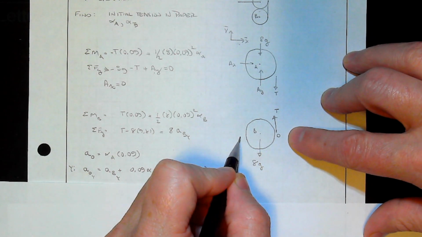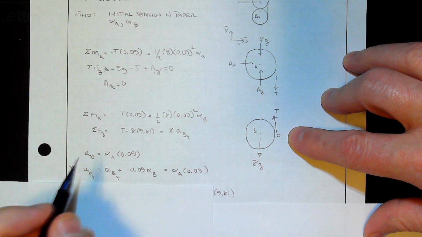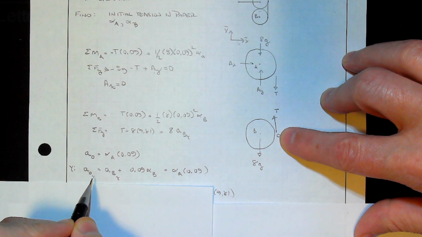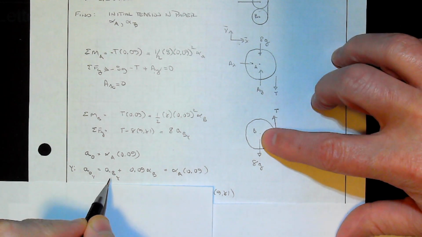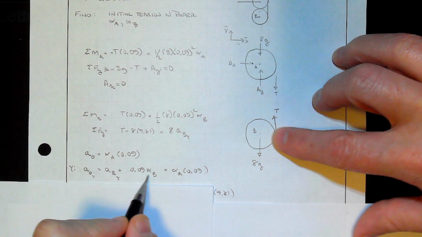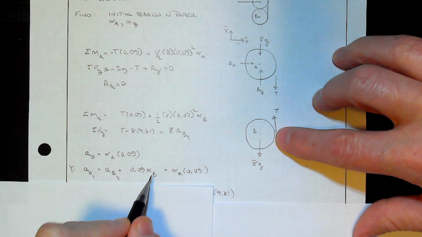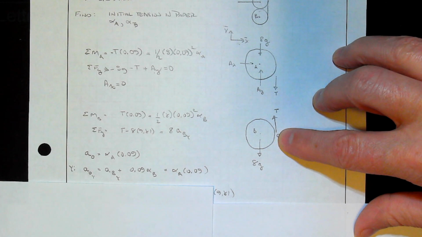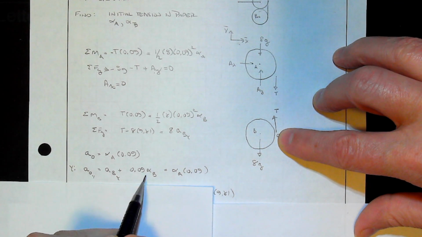No forces, no acceleration. It's that simple. So acceleration of O in the Y will be whatever acceleration of B in the Y is, plus alpha cross r to get out here. There is no omega. In a general sense, you would have to add in the minus omega squared r, but omega is 0. So we're just leaving it out.